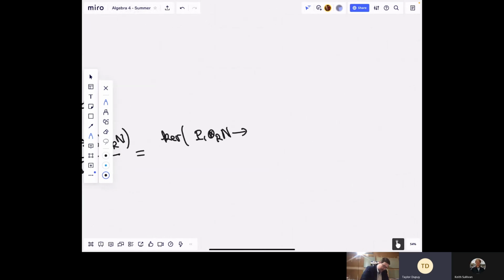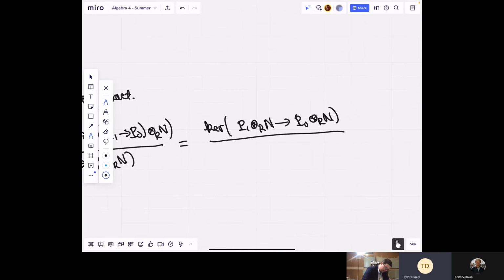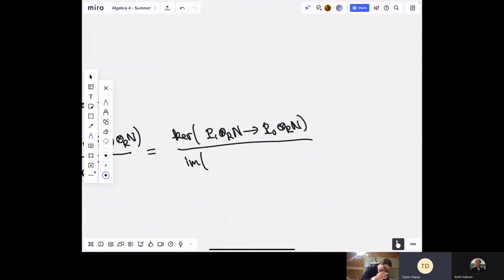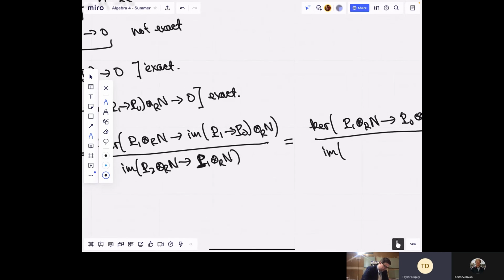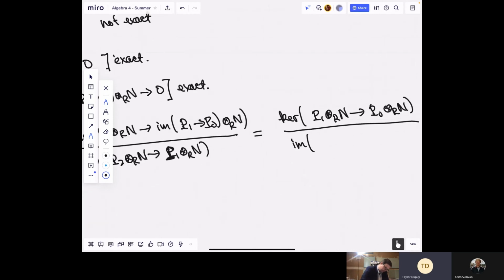And so I claim that this is the kernel of the P0 image, because the map factors through this inclusion. So why is this the kernel of this thing the same? Because this factors through this inclusion.